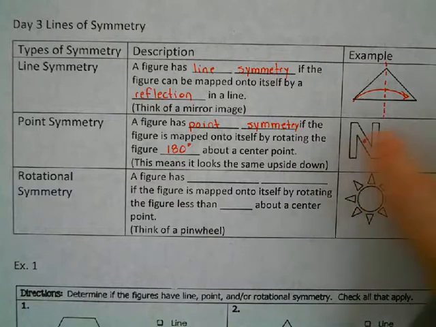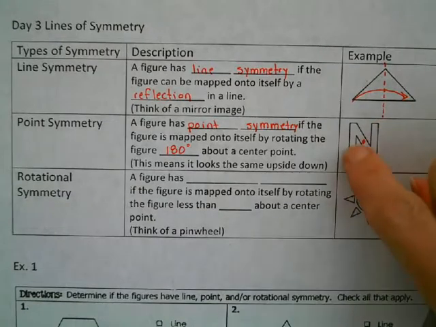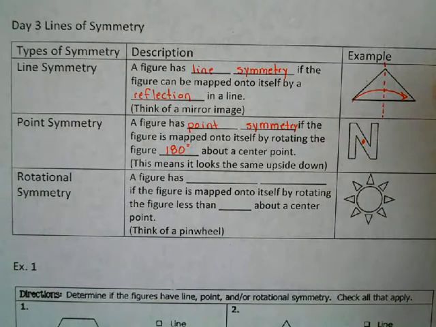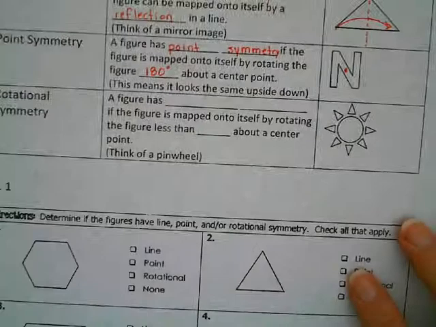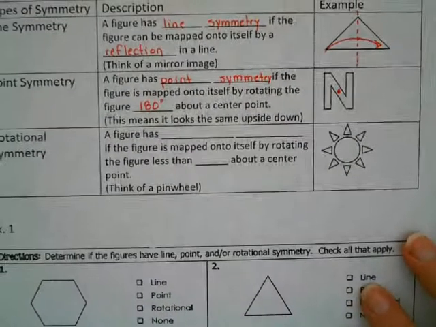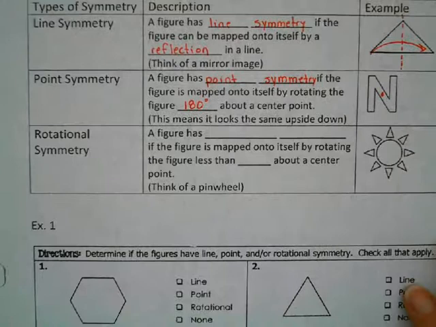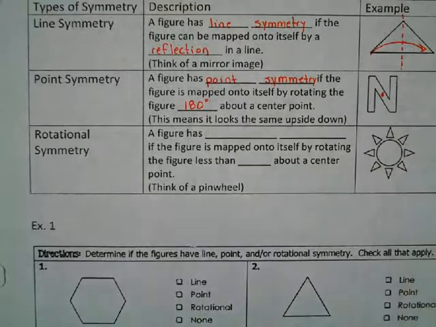If you spun that around, this would come all the way over here, and it would be the same. So if I took my paper, I'm going to turn it upside down. This picture still looks like an N, whether it's upside down or right side up. Spinning at 180 degrees creates the same picture, so that's point symmetry.